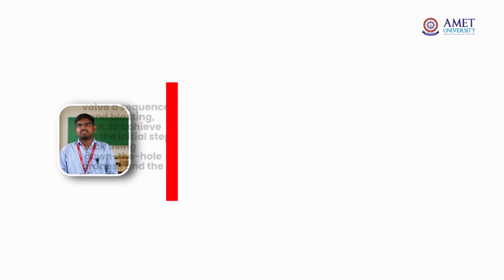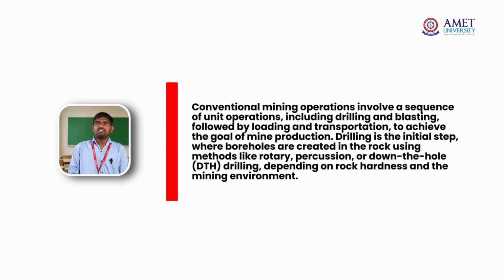Some operations involved are drilling, blasting, loading and transportation. These are done step by step with some interval of time. This is known as the conventional mining operation. It involves more manpower and takes a large amount of time to perform the work, and it consumes a lot of time as well as energy.